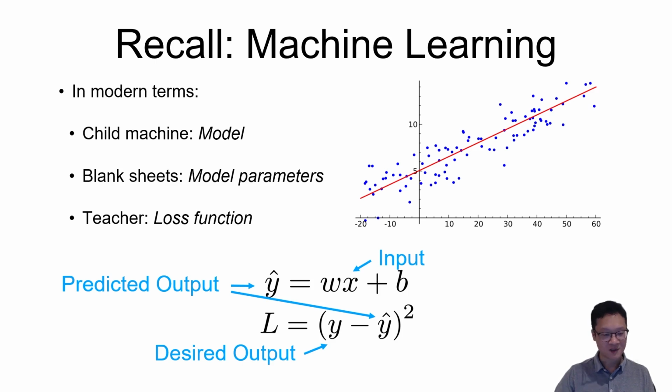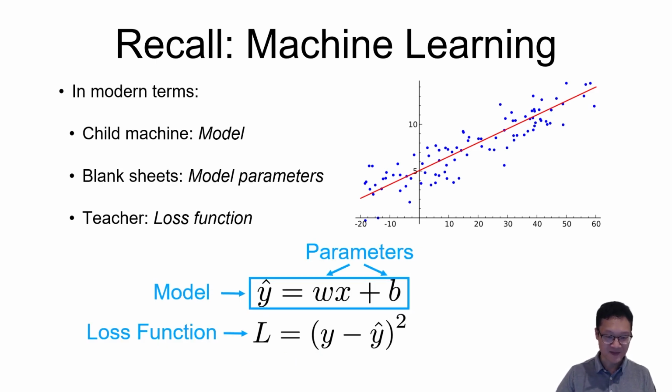So the model is basically the first line here. The model takes as input x, and it produces a prediction y hat. W and B are the parameters. Depending on what W and B the model has, the model will predict a different y hat. And how do we know how good the prediction is? Well, we assume that we have a lot of data points, x and y, shown as the blue scatter plot here.